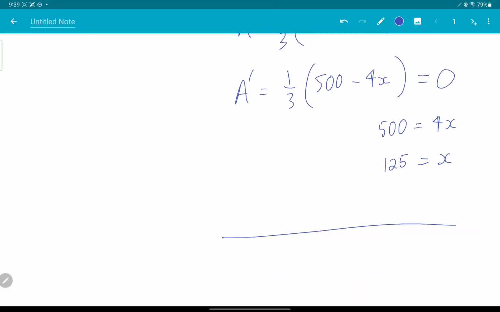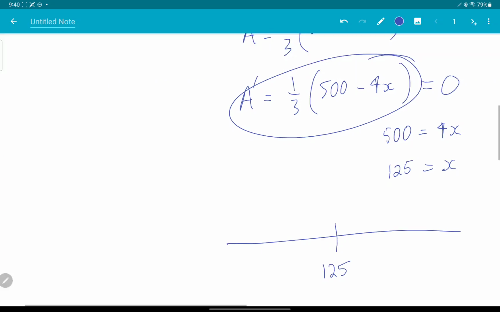Now I should check that this does indeed give me a maximum. So I want my original function A to be increasing and then decreasing. So I take some test points and plug them into my derivative.